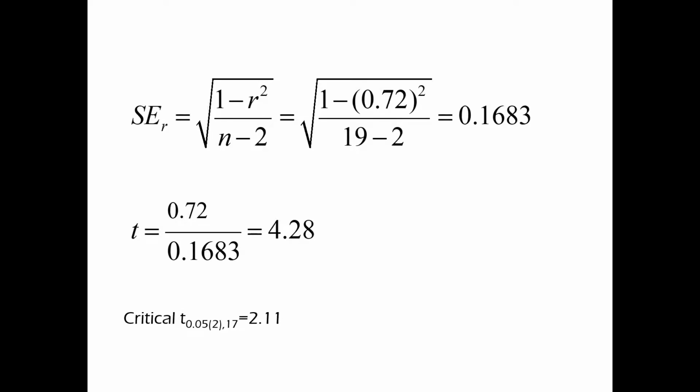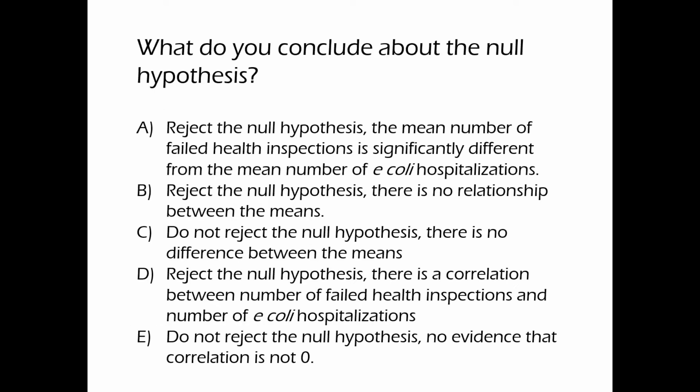Now we know the calculated t, which is 4.28, is larger than the critical t, which is 2.11. So what do you conclude on the null hypothesis? You can pause here, and after you make your choice, press continue.